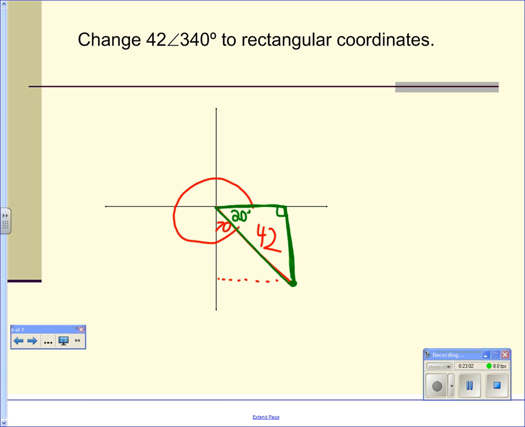It'll be more difficult later. If you use the 70 triangle, it would still work. Okay, what would you get for your R? And what do you get for your U?